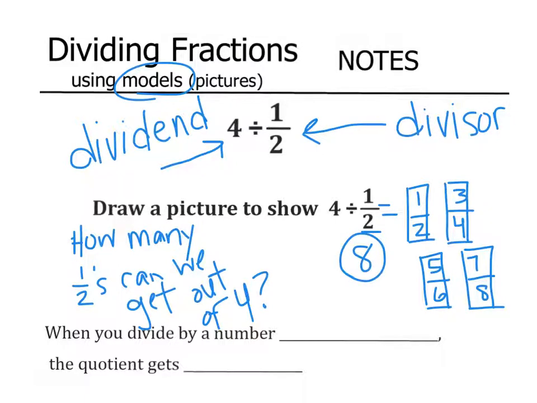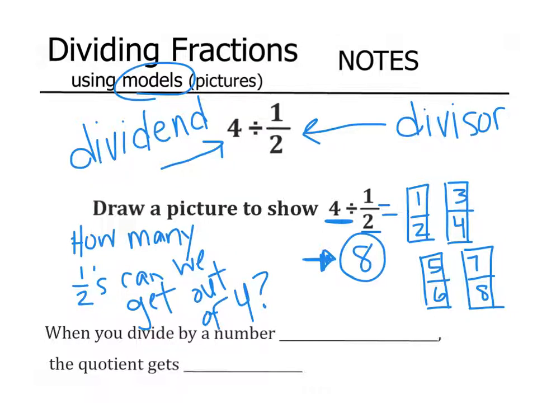Now you might be thinking, how can that even be possible? Because we're dividing, and whenever we divide, our numbers are supposed to get smaller. So how did we start out with 4 candy bars and end up with 8 as our quotient? Well, you see, we're dividing by a fraction, or a number that's smaller than 1. So we broke each of those candy bars into smaller parts, so that gave us more of those parts.